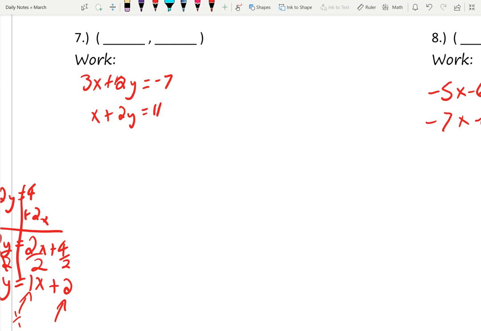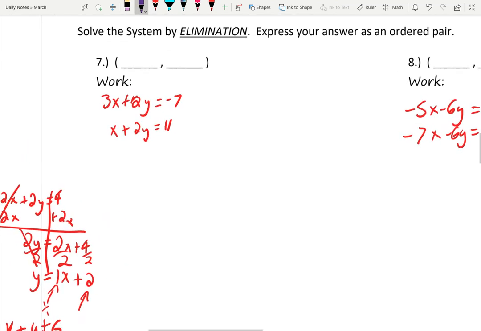Now, when I look at this problem, I notice that these y values are close to canceling out, right? They're both 2y, but in order for them to cancel out, one of them has to be a negative 2y. It doesn't really matter which one you try to make negative, as long as you make one of them negative.